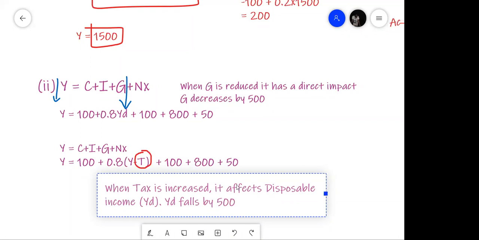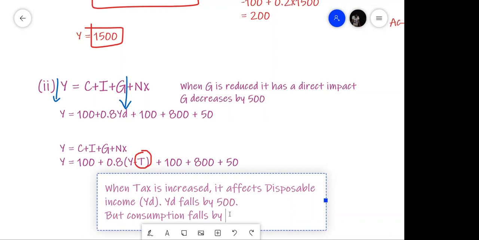But when your disposable income falls by 500, how much does your consumption fall by? Does consumption also fall by 500? Our MPC is 0.8.